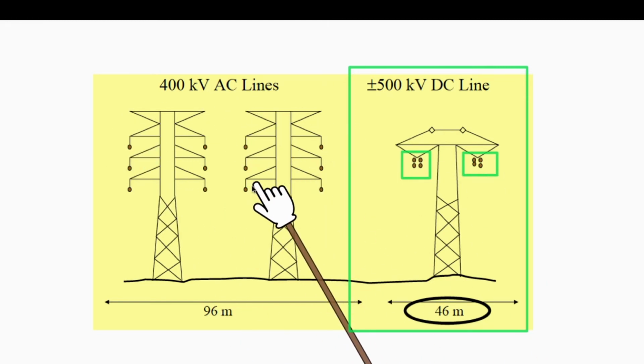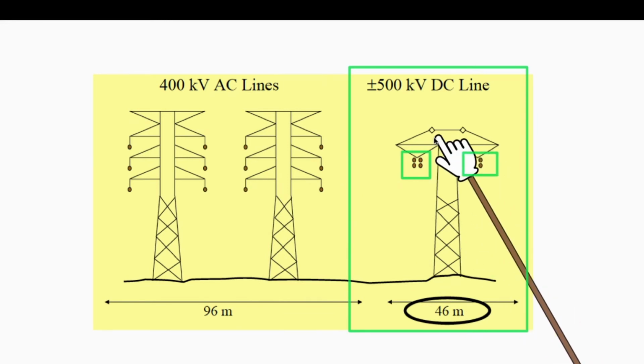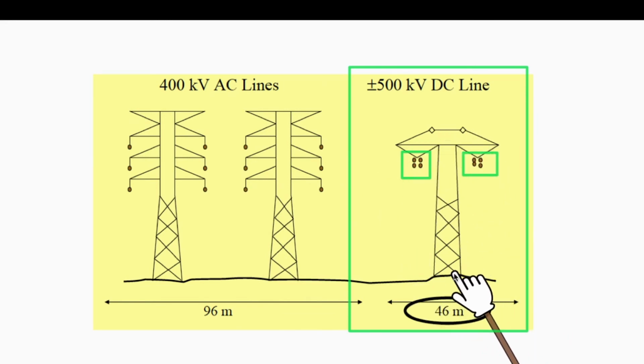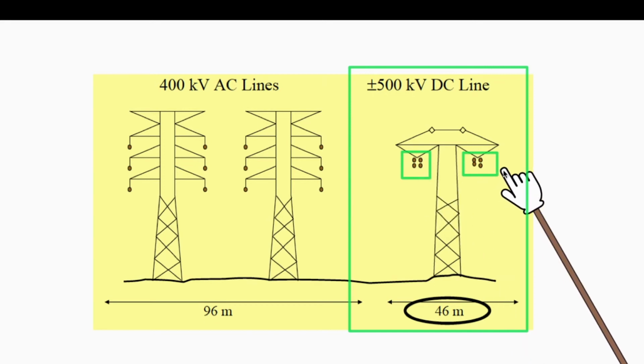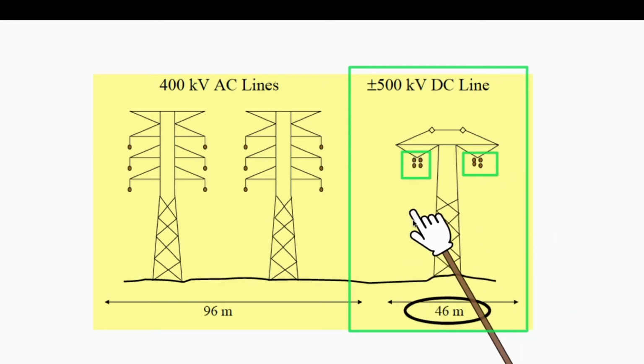So there is a drastic change in the amount of infrastructure required. Only a single tower will be able to handle this, and since this is DC, the ground clearance required is also less, so the height of tower can be lesser. It requires lesser spacing, only 46 meters, because there is a single tower structure.